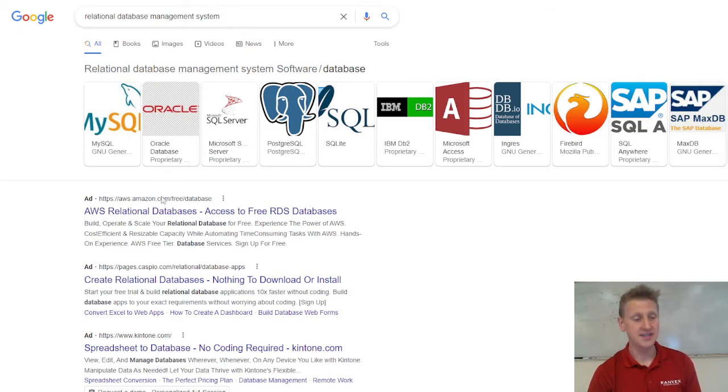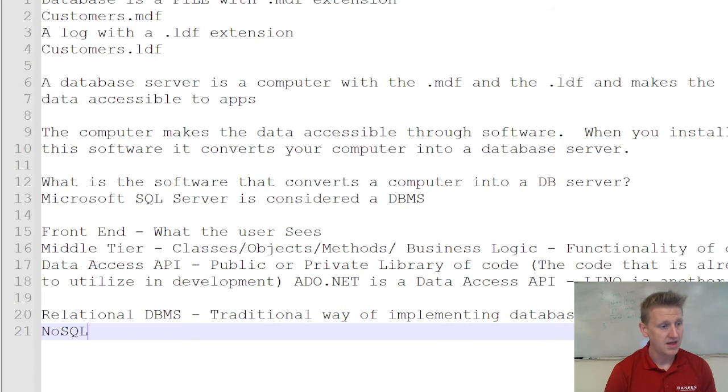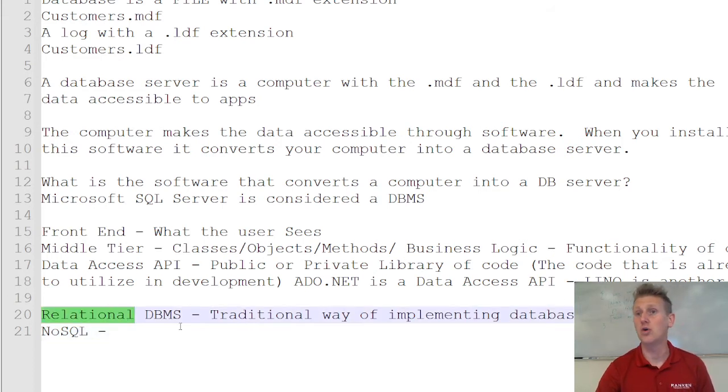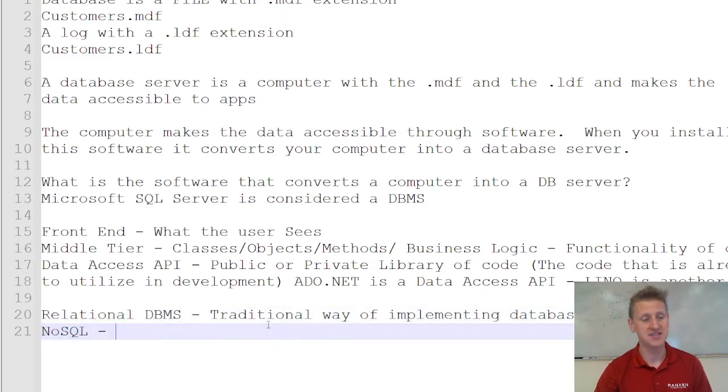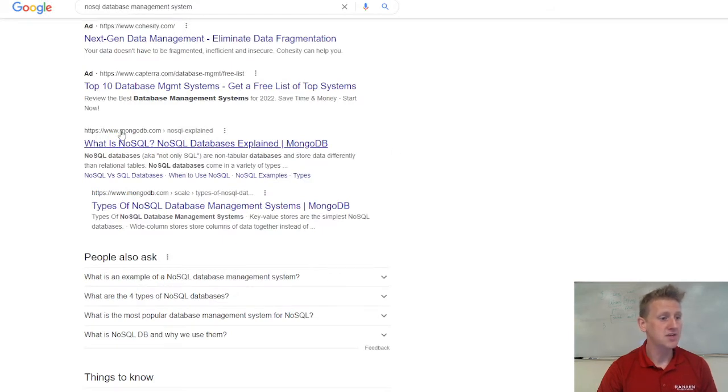The alternative to relational, so relational is one kind of database, the alternative is called NoSQL. On the surface, you get the idea that it's not what you're used to, because SQL is the standard. This is called NoSQL, and the data is stored very differently in NoSQL databases. If I look up a NoSQL database, MongoDB is one example.